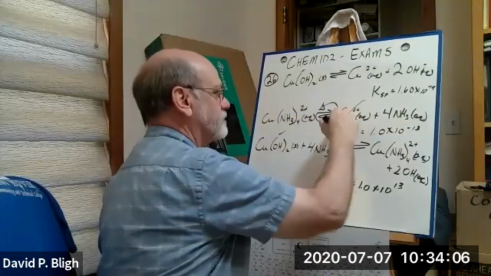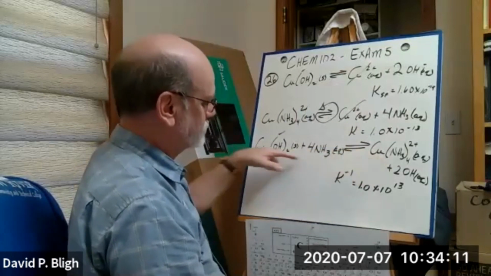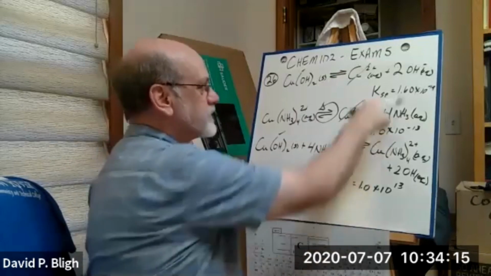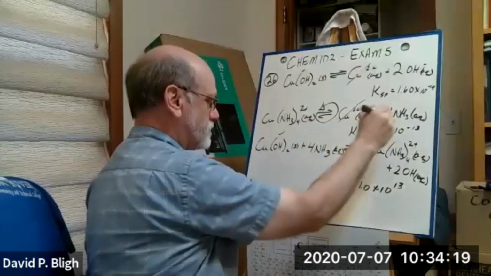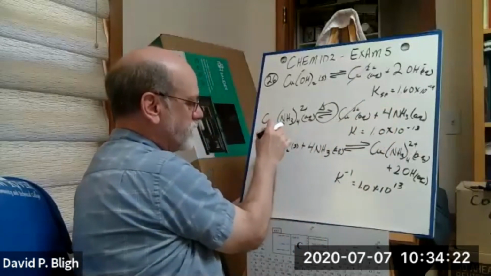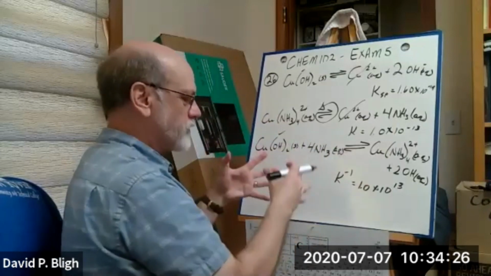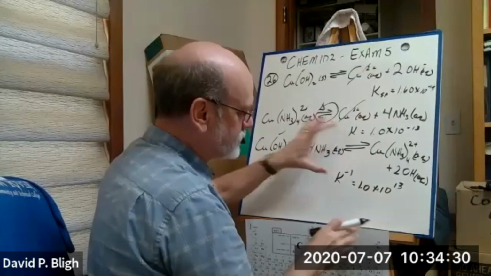It cancels. That's why you don't have copper ions down here. But you still have hydroxyls. And the ammonia goes over here. And this complex ion goes over here. So now with that inverse, we've got the right numbers of everything. We just need to combine these two.